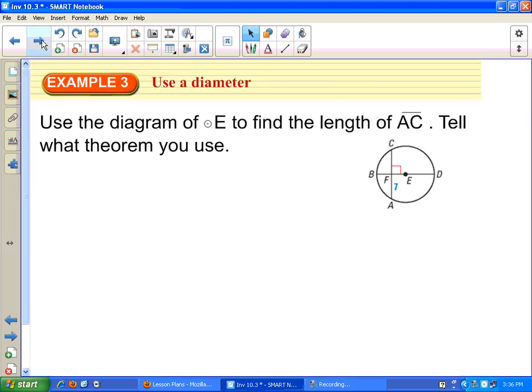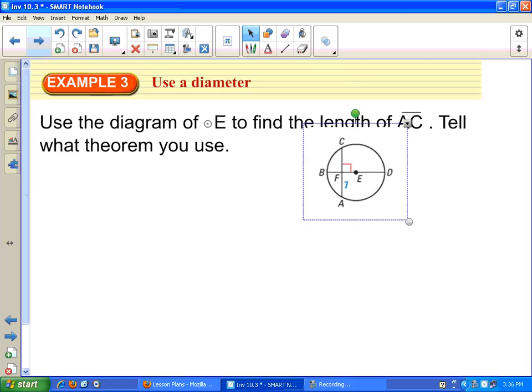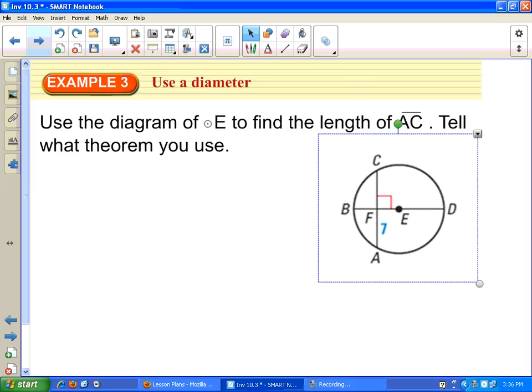So what we have in this diagram of circle E, we need to find the length of AC and tell what theorem we used. So we're looking here. We know in circle E, AF is 7.